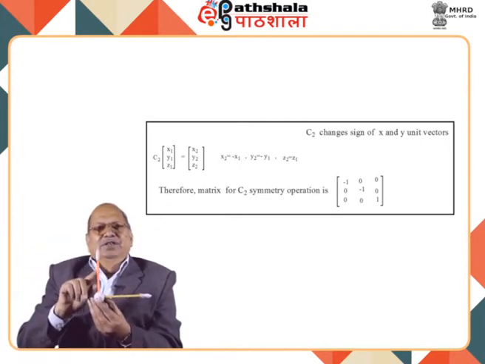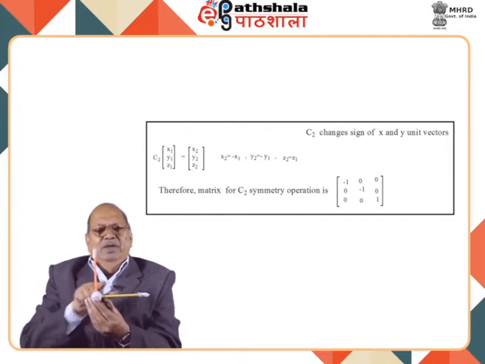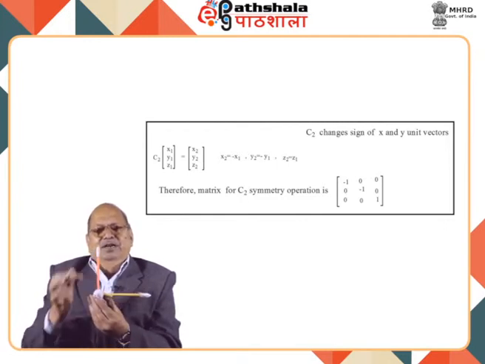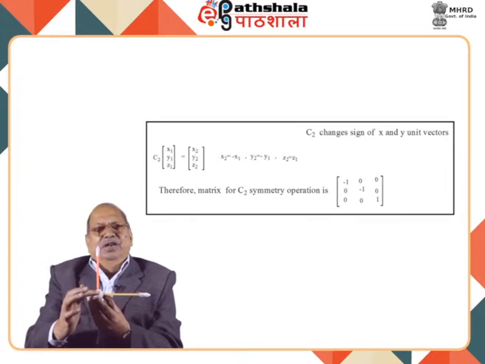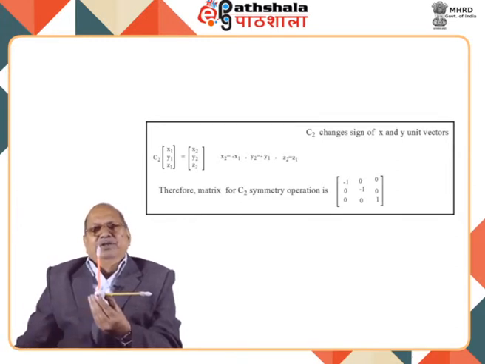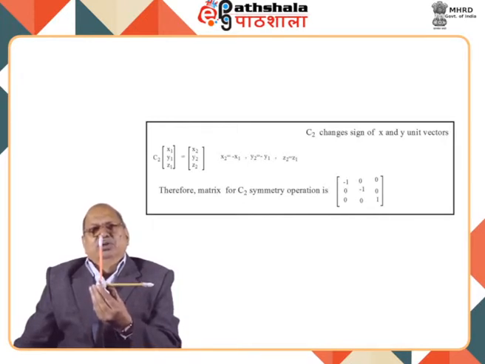Z vectors remain same, y axis changes sign, x axis changes sign, and so the matrix corresponding to this is minus 1 0 0 0 minus 1 0 0 0 1. So, this gives me a matrix which is for C2 operation on dibromoethylene. I am concentrating only these vectors which lie at the midpoint of the CC double bond.